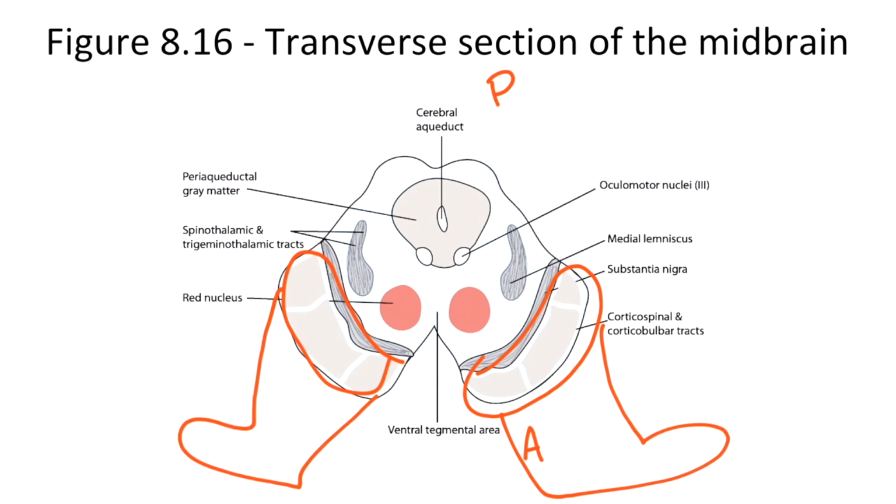You could also use the substantia nigra, which is this dark pigmented region right here, or the red nucleus, which is this region right here. And these will both help remind you that you're looking at a section of the midbrain. Okay, with this in mind, let's look at the cranial nerve nuclei in the midbrain. Again, as I mentioned on the previous slide, many of the cranial nerve nuclei span large segments of the brainstem.